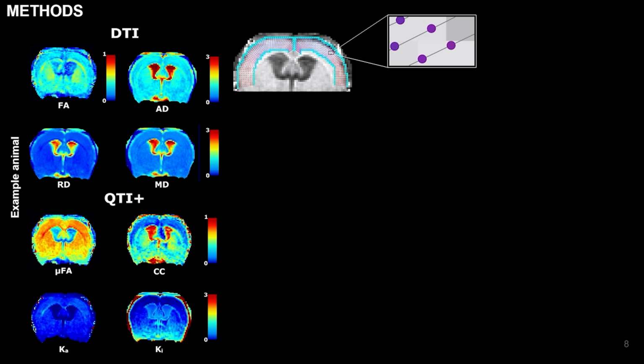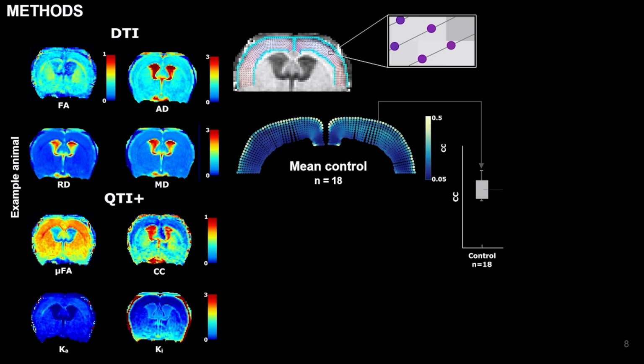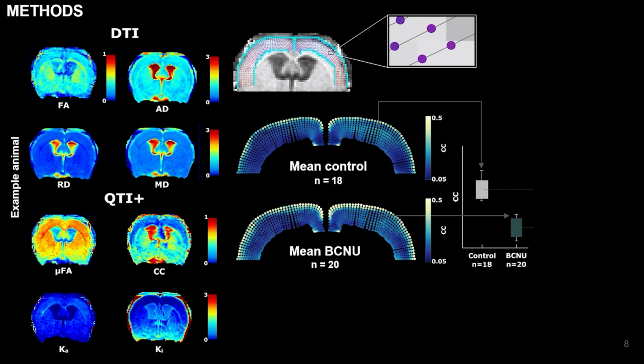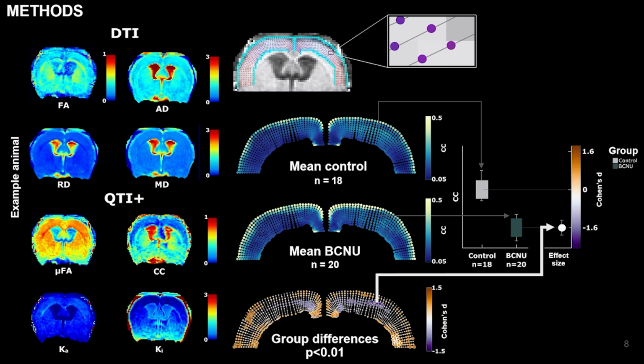Also, we obtained the metrics of the QTI+ at each point, and here you can see the average from the control and the BCNU group. We evaluated the difference between groups at each point with a t-test, and we expressed the magnitude of that difference with Cohen's d. From now on, I'm going to show you my results like this.